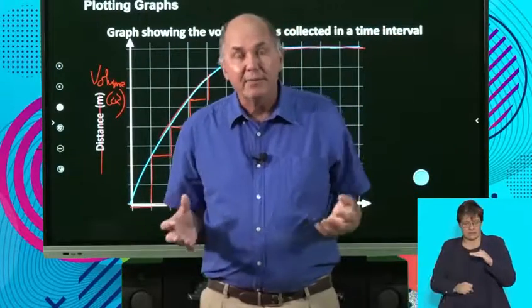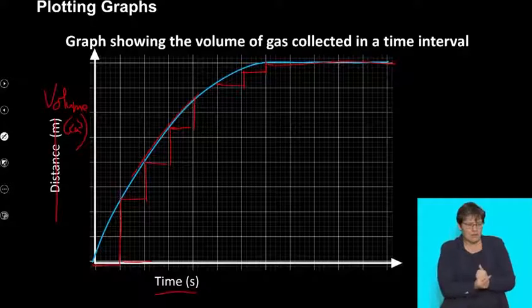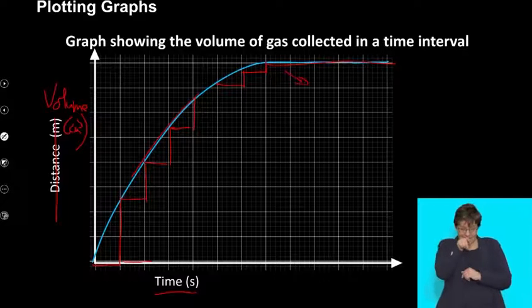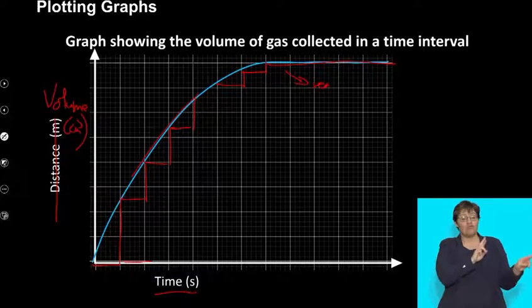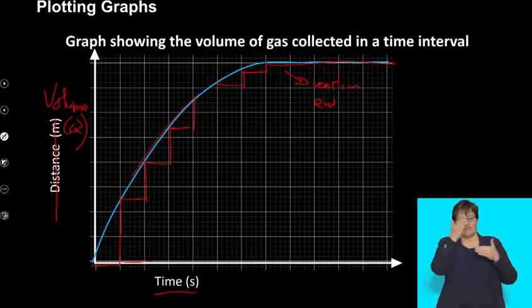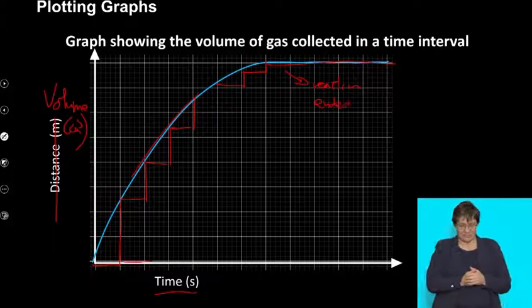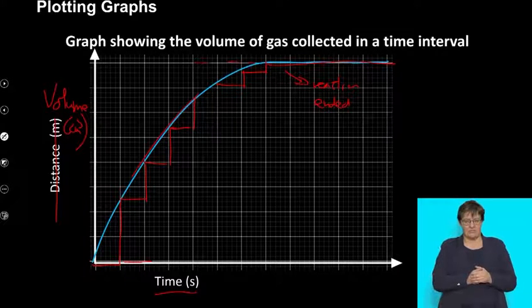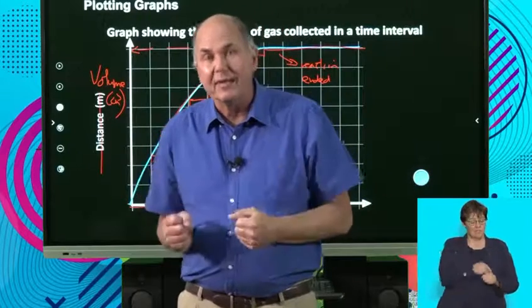So what's happened? The horizontal bit to the line tells us that this reaction has ended. The reaction has ended. And there's now a constant volume that's not changing. And we can read off the final volume of the gas that we've collected.